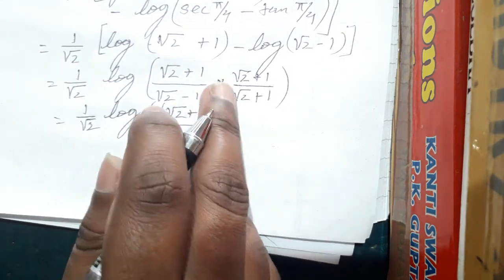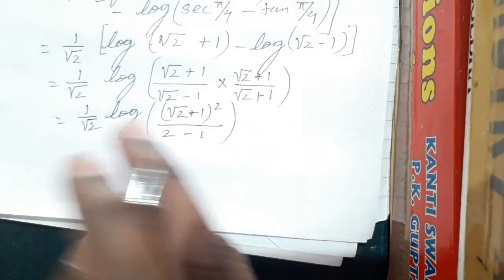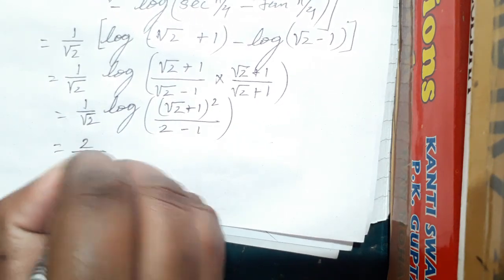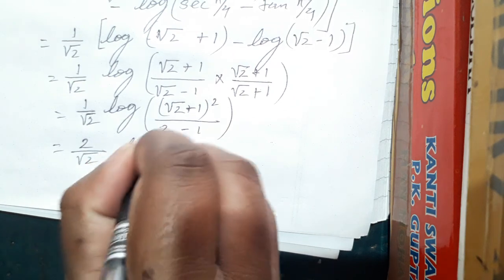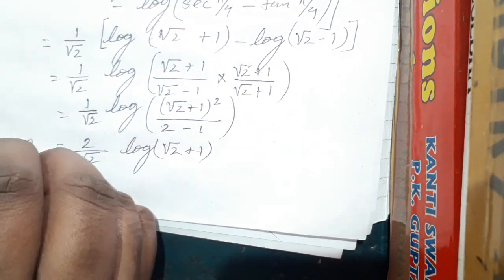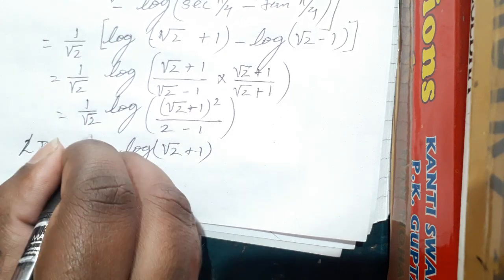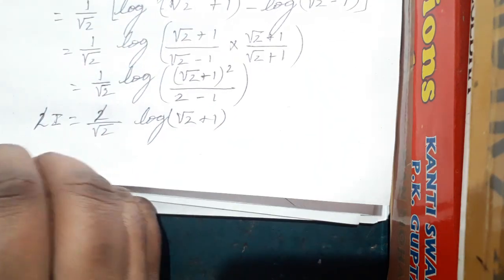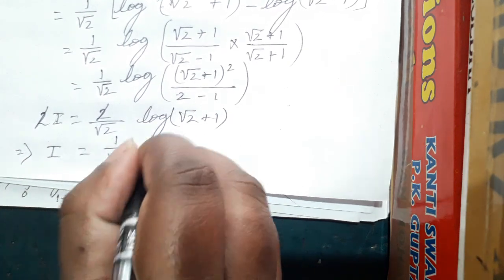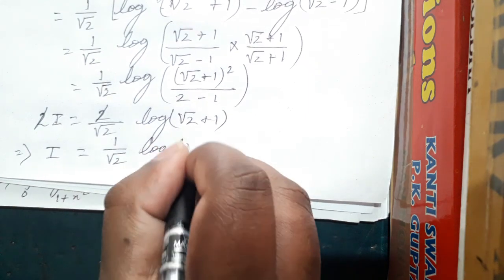So this 2 will come here, and we get 2 by root 2 log of root 2 plus 1. And here we have 2I, so 2 and 2 get cancelled. So we get I equal to 1 by root 2 log of root 2 plus 1.